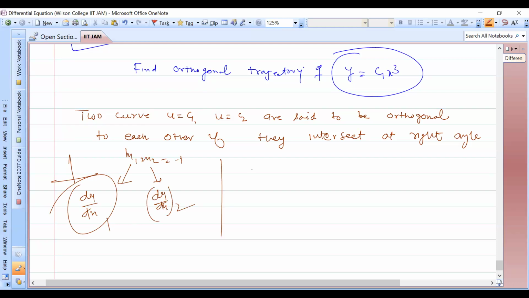So here, if they have given y equals f of x, first step, find dy by dx. This is your f dash x.